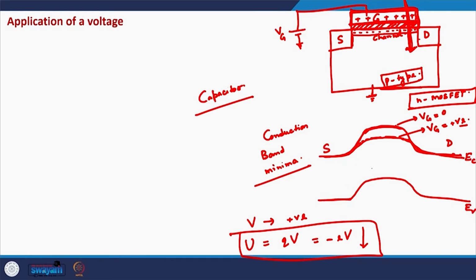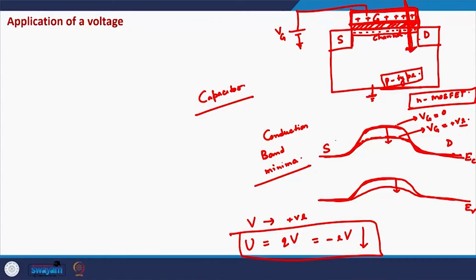When there is no voltage on the gate terminal, this is how the barrier looks like. When there is a positive voltage, this will also go down. So, essentially on application of a positive voltage, the barrier in front of electrons sitting on the source and the drain side reduces.